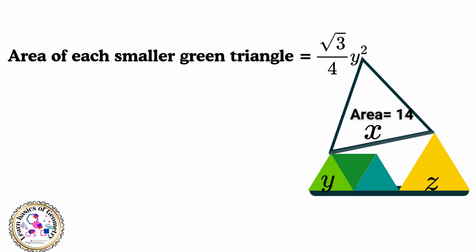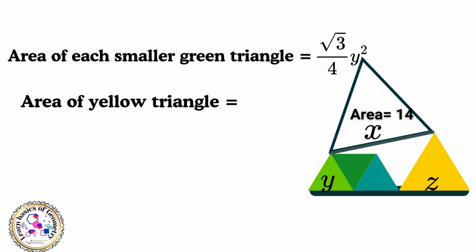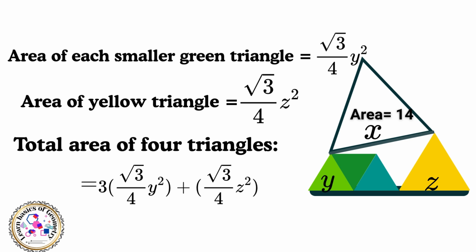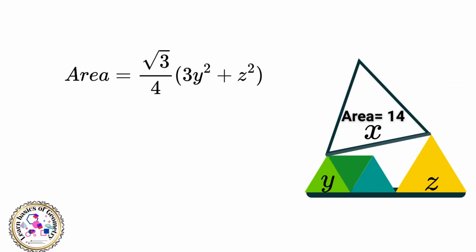Since there are 3 of them, their combined area is 3 times square root of 3 over 4 y squared. The area of the yellow triangle is square root of 3 over 4 z squared. So the total area of the 4 inner triangles is square root of 3 over 4 times the quantity 3y squared plus z squared. That's the expression we need.